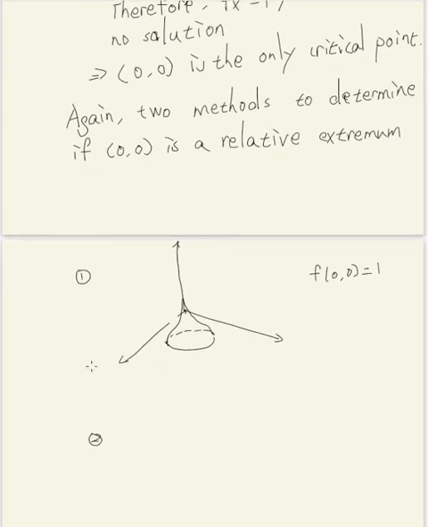All right, the second method is to analyze the equation directly. Let me copy the equation here: f of x and y equals 1 minus (x squared plus y squared) to the 1 over 3.